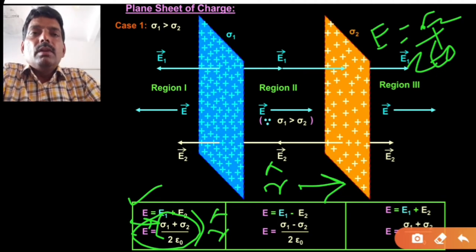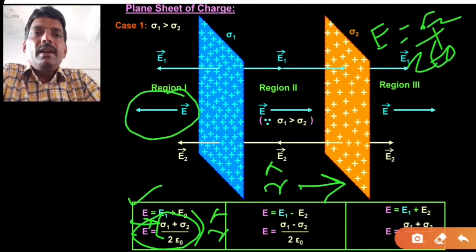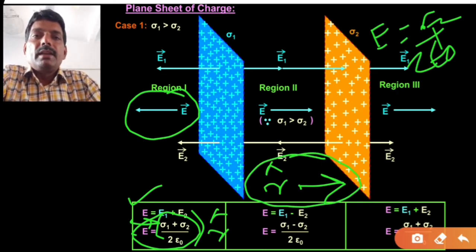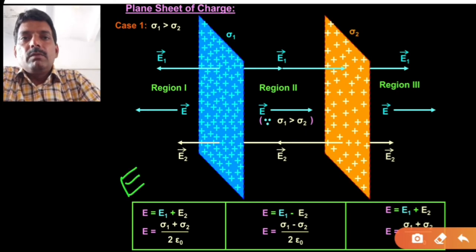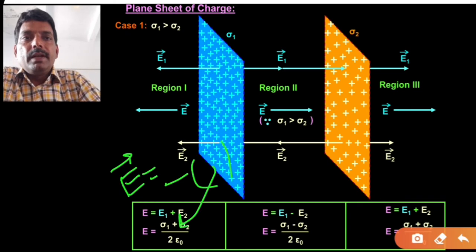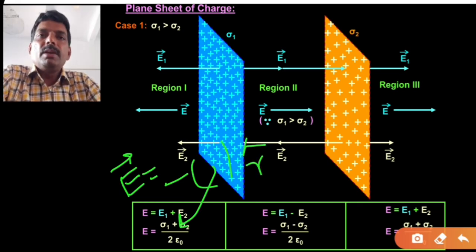Okay, now this direction of the resultant electric field and this direction of the unit vector are opposite, therefore you have to keep here a minus sign. So vector E for this particular case is equal to minus into bracket this value into r cap. This will be the vector form of this particular region.